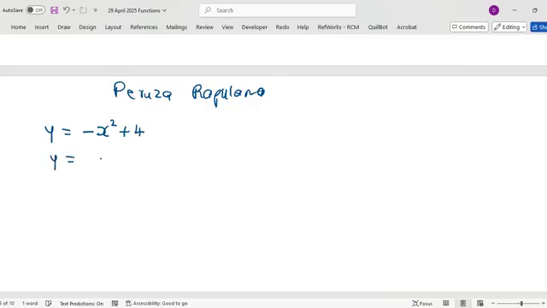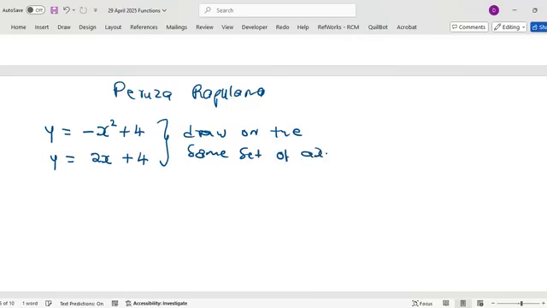Y is equal to 2x plus 4, and then draw these graphs on the same set of axes. Basically, I'm trying to say draw on the same Cartesian plane. I don't want two different Cartesian planes. I want you to draw on one Cartesian plane.